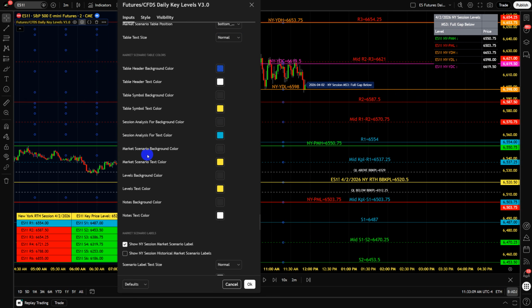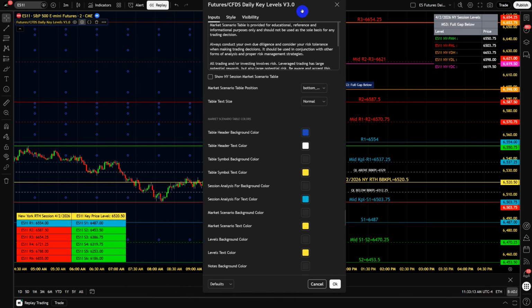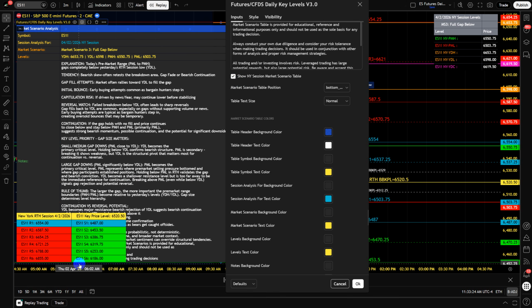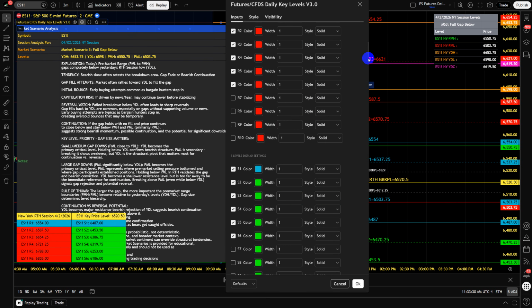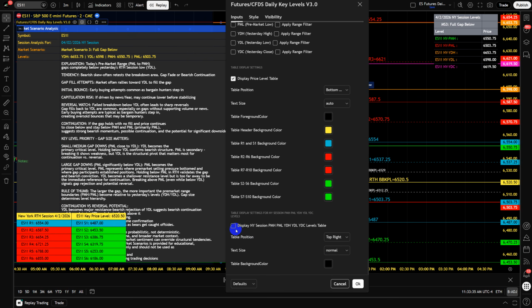However, the market scenario analysis table is going to give you very detailed information. So we'll just turn that on right now. We have this in the way at the moment, so we'll go ahead and turn this off for the moment.